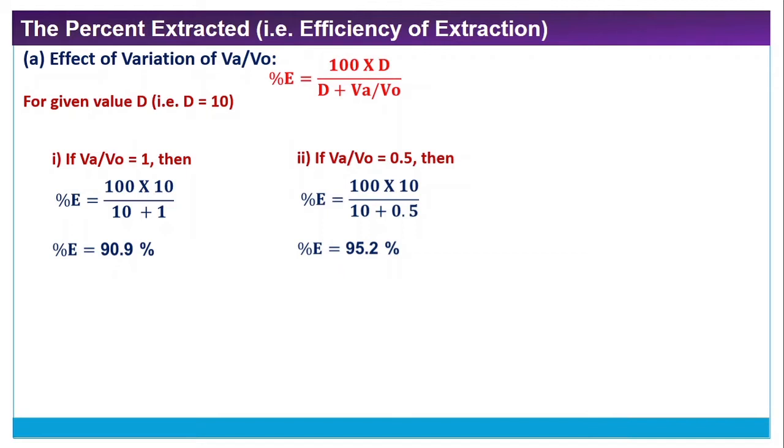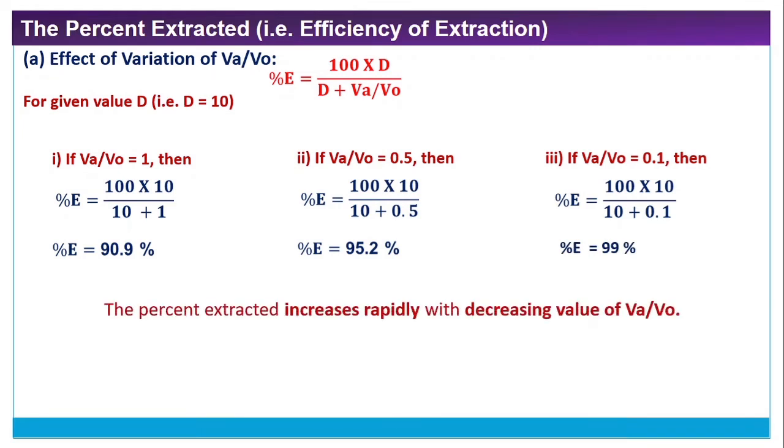It means that as the ratio of VA upon VO decreases, the efficiency of extraction increases, that is, the percentage of extraction also increases. If VA upon VO is 0.1, then putting this value in this equation, the percentage of extraction becomes 99%. So the percentage of extraction increases rapidly with decreasing value of VA upon VO.